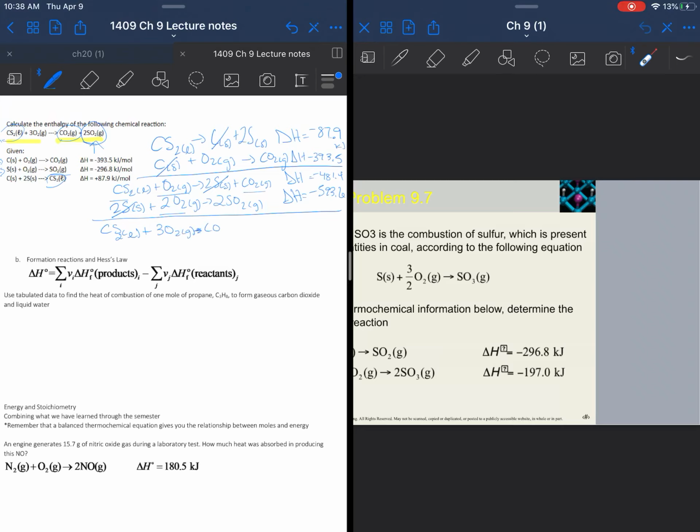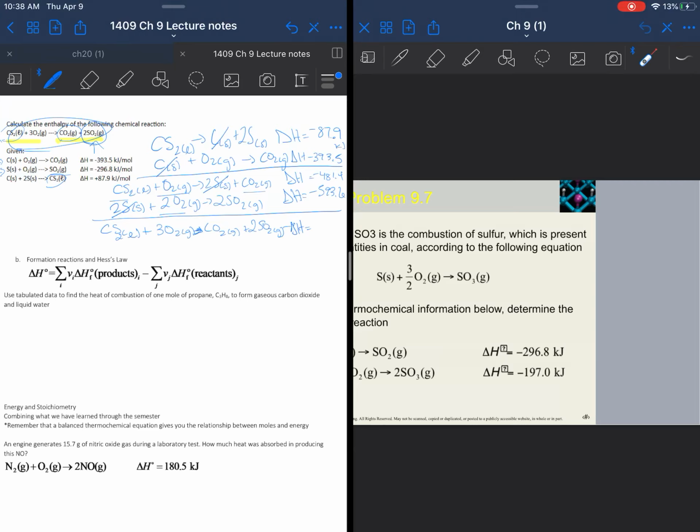You have 1 mole of oxygen and 2 moles of oxygen, so we're going to combine those. All right, so we have our carbon disulfide, 3 moles of oxygen, yielding CO2 and 2 moles of SO2. All right, so that matches perfectly with what we were trying to solve.